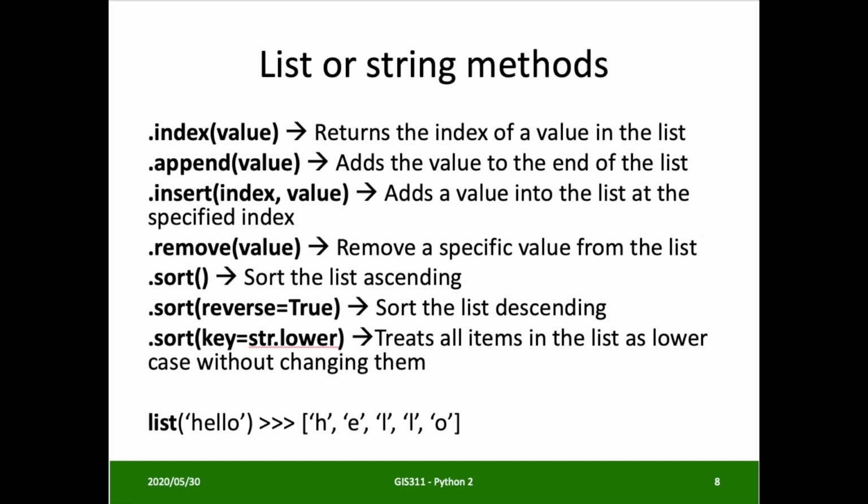Then there's insert, if you want to add at a specific place, so let's say at location 3 you want to add a different color. There's also remove, a sort functionality, a sort descending, and a sort of all the values according to lowercase. In this situation, you would ignore uppercase and lowercase. It would just treat everything the same.